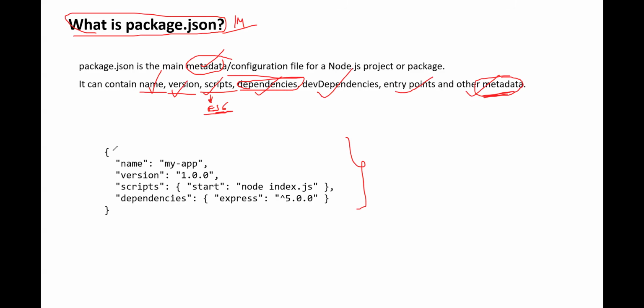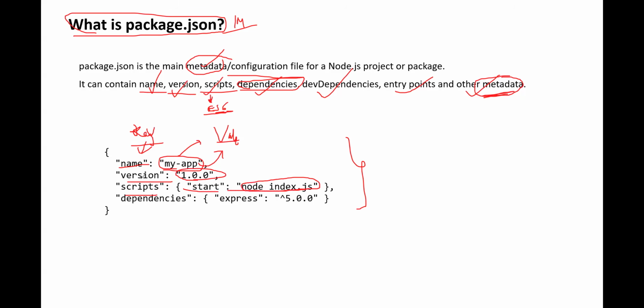Now you will see the basic syntax of package.json. It is assigned in key-value pairs. This is the key and this is the value. Again, this is the value. Here the name is my app, the package name, and the version is 1.0.0. Scripts: start is node index.js.